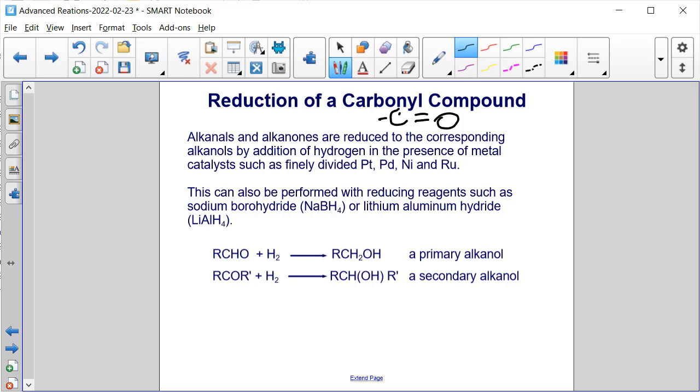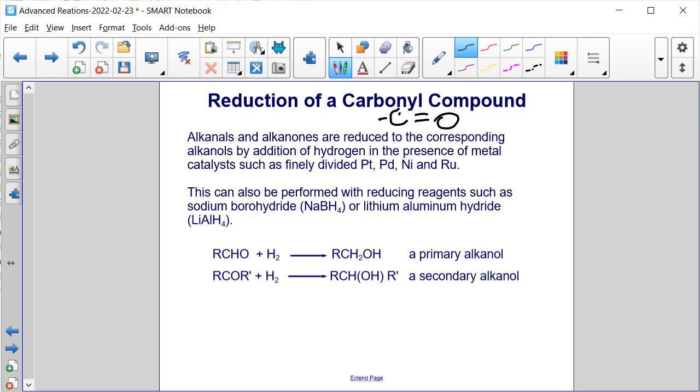So alkanals and alkanones contain that C double bond O, and they can be reduced to the corresponding alkanols by the addition of hydrogen in the presence of metal catalysts such as finely divided platinum, palladium, nickel, and rhodium. This can also be performed with reducing agents such as sodium borohydride or lithium aluminum hydride as shown.